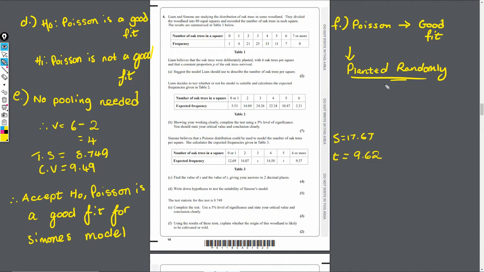So if they're planted randomly, that would suggest the origin of the woodland is likely to be wild rather than cultivated. And there we have it. So that's question 4, finally fully complete.